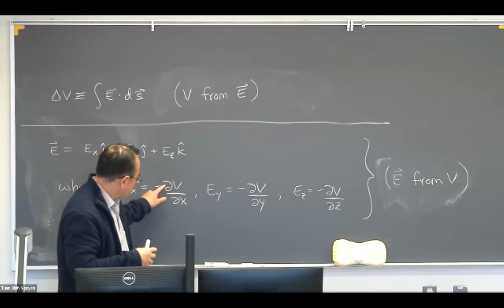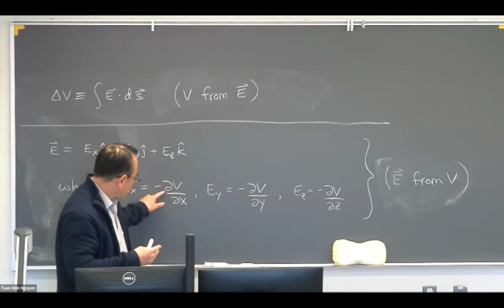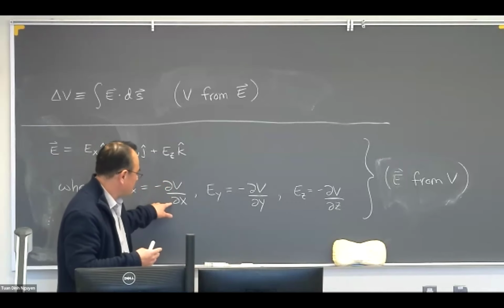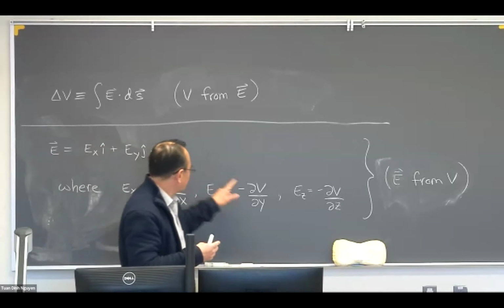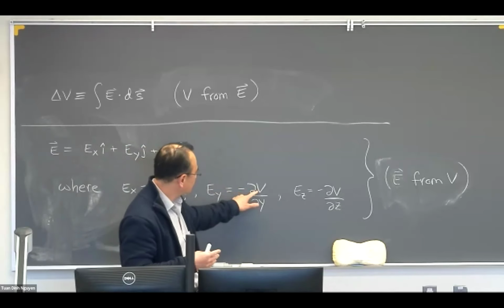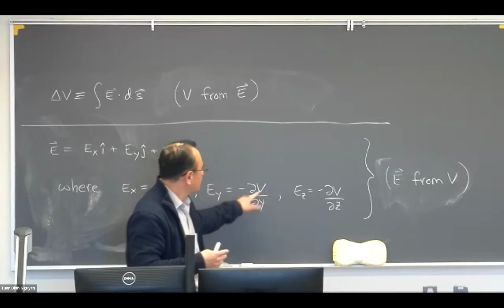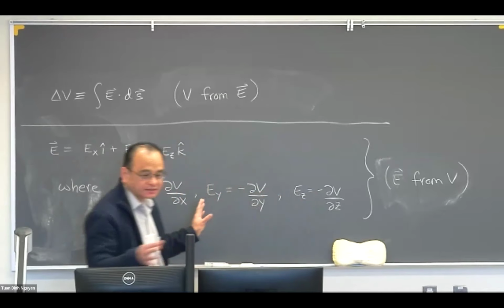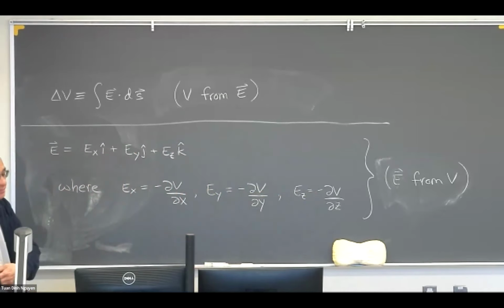From a practical point of view, you're just taking the derivative of V with respect to x. And then to get the y component of the electric field, you take the derivative of V with respect to y, and so forth. That's all it means.